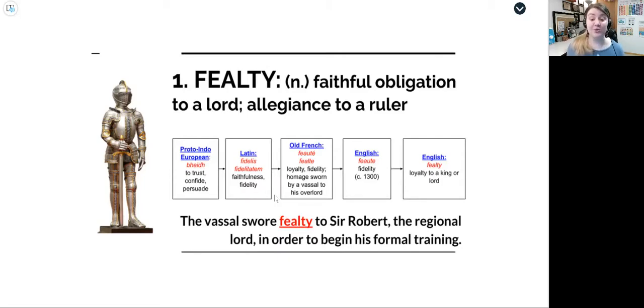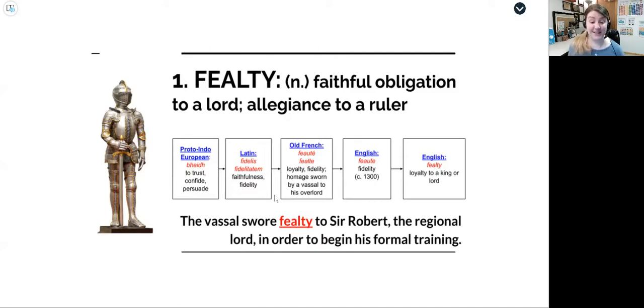From there, it goes into Latin as fidelis or fidelitatem, meaning faithfulness and fidelity. Old French gets it as fielte or fealty, loyalty, fidelity, homage sworn by a vassal to his overlord, like a knight. English gets it as fealty, fidelity, around 1300. And then finally, we get fealty, loyalty to a king or lord in English.